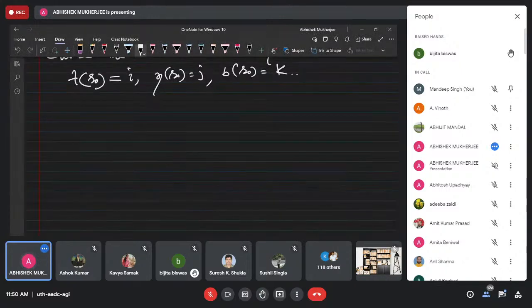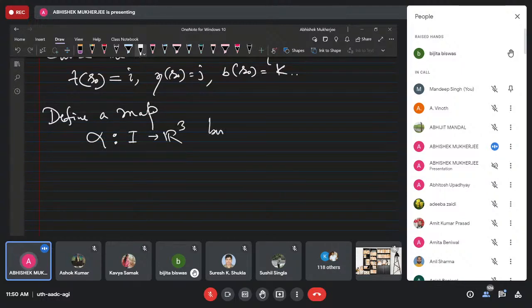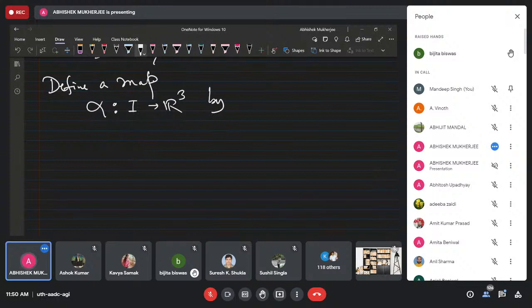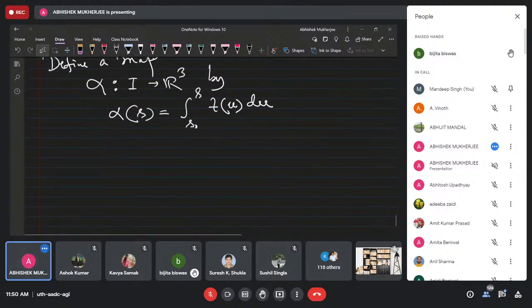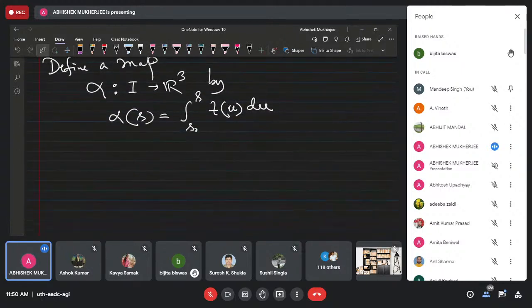Now let us define a map alpha from I to R3 by means of this integration, that is alpha(s) is defined to be the integral from s naught to s of T(u) du.